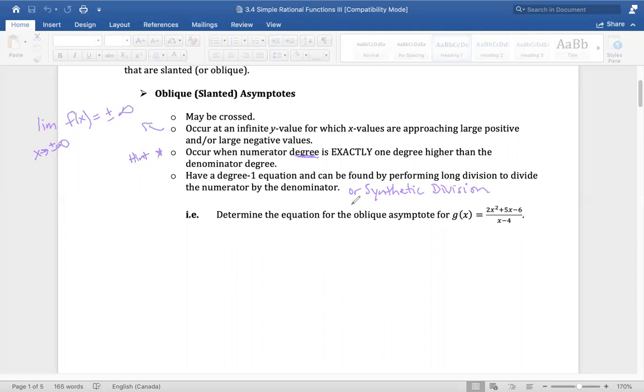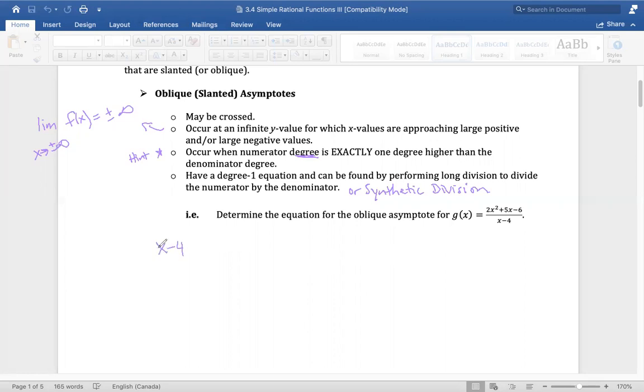Determine the equation for the oblique asymptote for the function g of x equals 2x squared plus 5x minus 6 on top over x subtract 4 on the bottom. So what we want to do is divide.